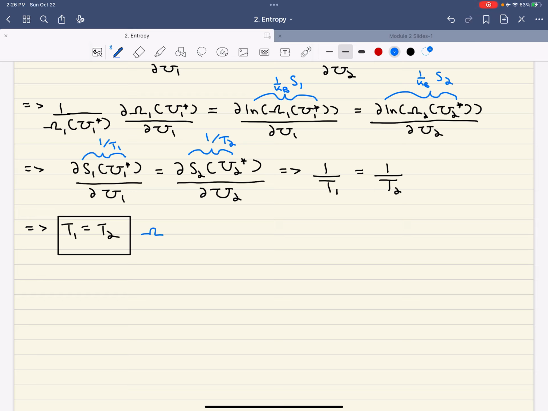We know equilibrium is achieved when the total entropy is maximized. And so essentially, the number of microstates in our combined system is maximized when the temperatures of the two subsystems are equal. Or in other words, this is the definition of thermal equilibrium.